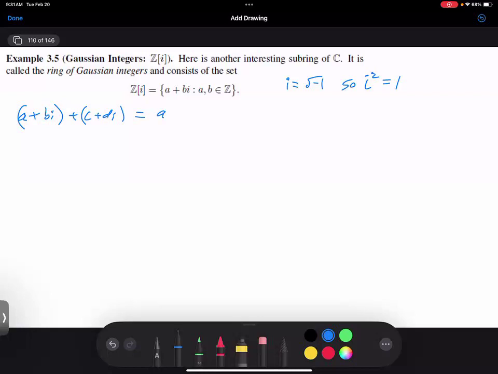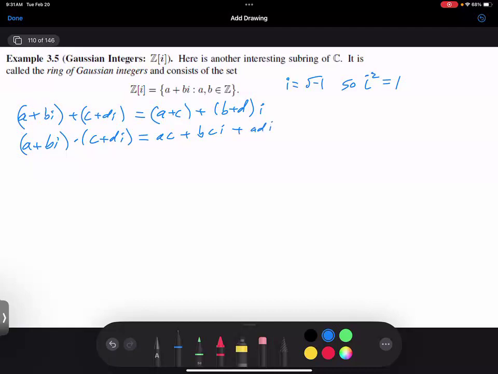A plus c plus b plus d i. And then multiplication, a plus bi times c plus di. Well, if we just use our standard ways of multiplying things, it would be ac plus bci plus adi plus bdi squared.